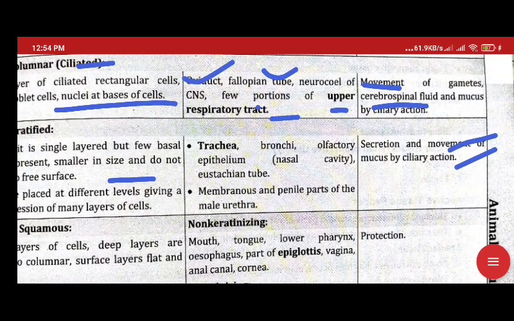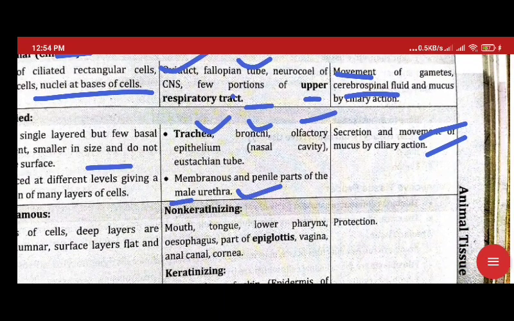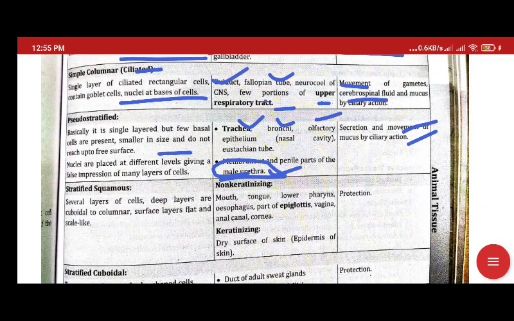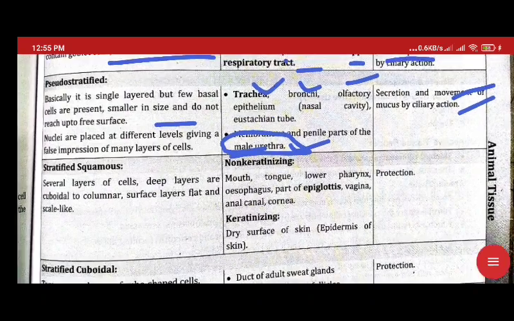It is found in bronchi, trachea, olfactory epithelium, and the penile part of the male urethra. Secretion is the function.